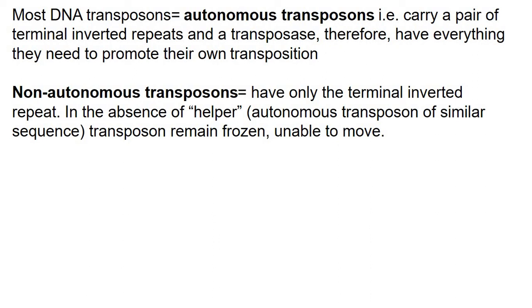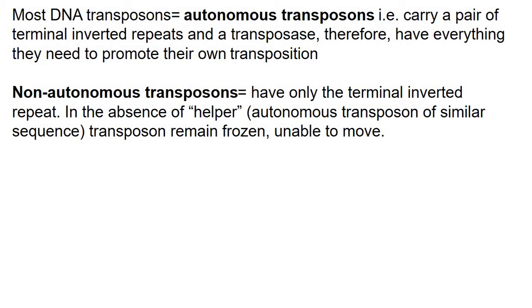However, these non-autonomous transposons can move if there is another transposable element, a helper transposable element, that has a sequence very similar to these transposons. So unless there is an autonomous transposon that's very similar in sequence, these non-autonomous transposons remain frozen, unable to move. One of the good examples of non-autonomous transposons is the Sleeping Beauty transposon.